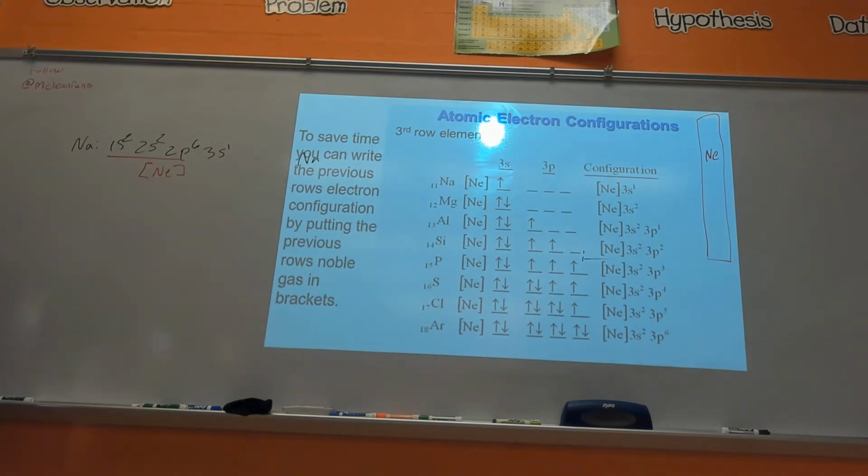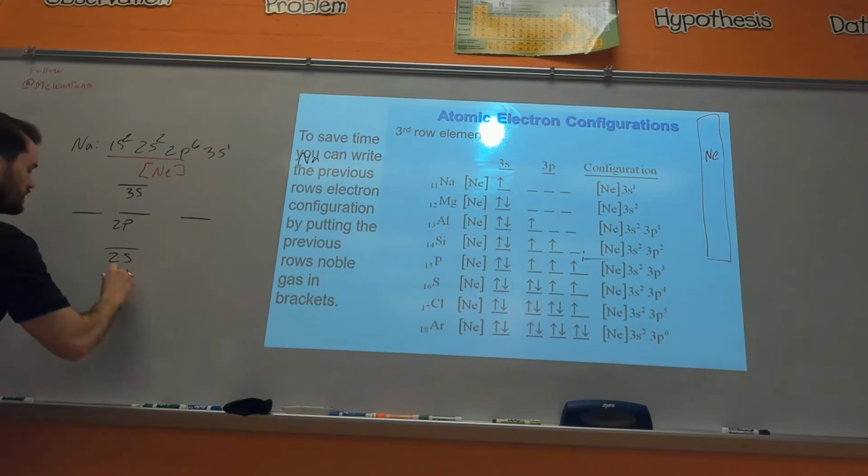And then for the orbital diagram, you're like, do I really have to draw out a million arrows? No, same thing. You could just say brackets, neon, and then you put the electron arrow that's unique to sodium. So you just have that one arrow that goes with the 3s. If I were to draw out the full orbital diagram, it would be like this. You'd have 1s, 2s, the 2p's, and then 3s.